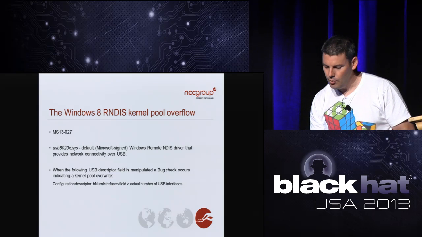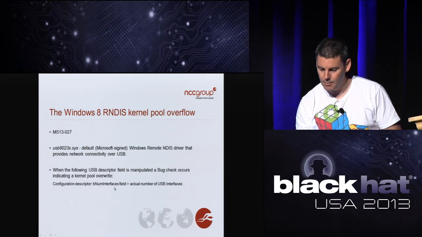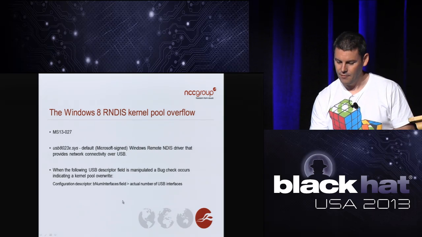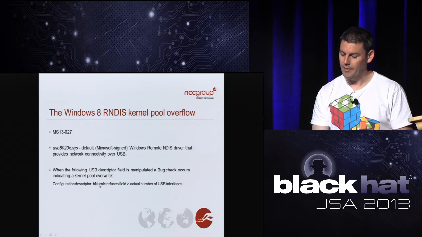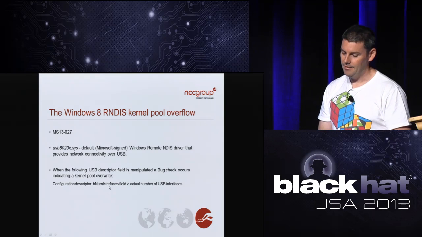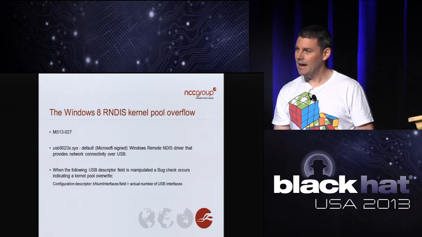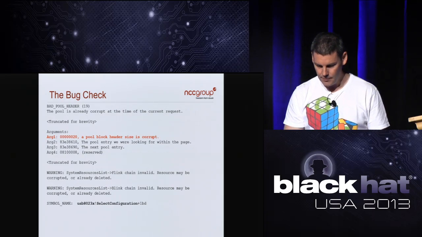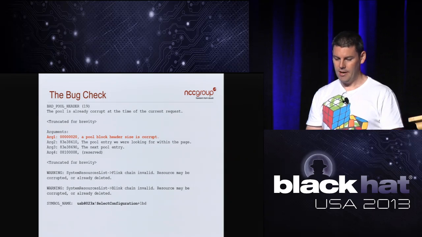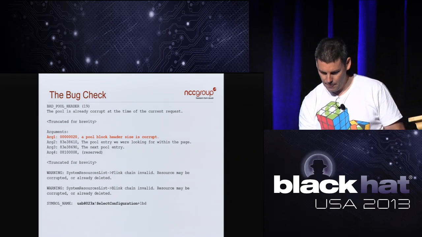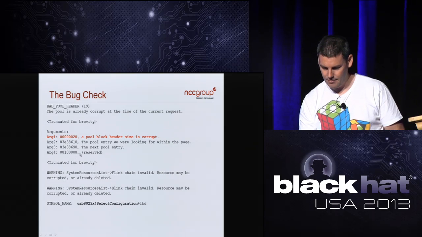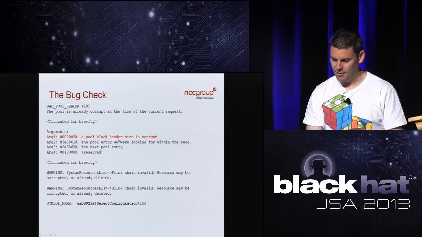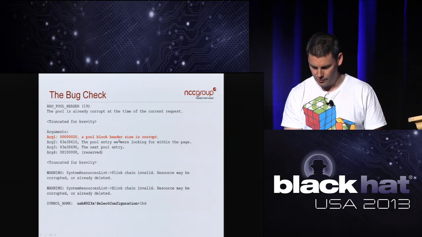Through mutation-based fuzzing, I discovered that there's a field within the configuration descriptor which talks about the number of interfaces. And if that number is actually greater than the actual number of interfaces, this kernel pool overflow occurs. In the bug check, you can straight away see that it's pool related because you've got this "pool block header size is corrupt" message, which is nice and useful.